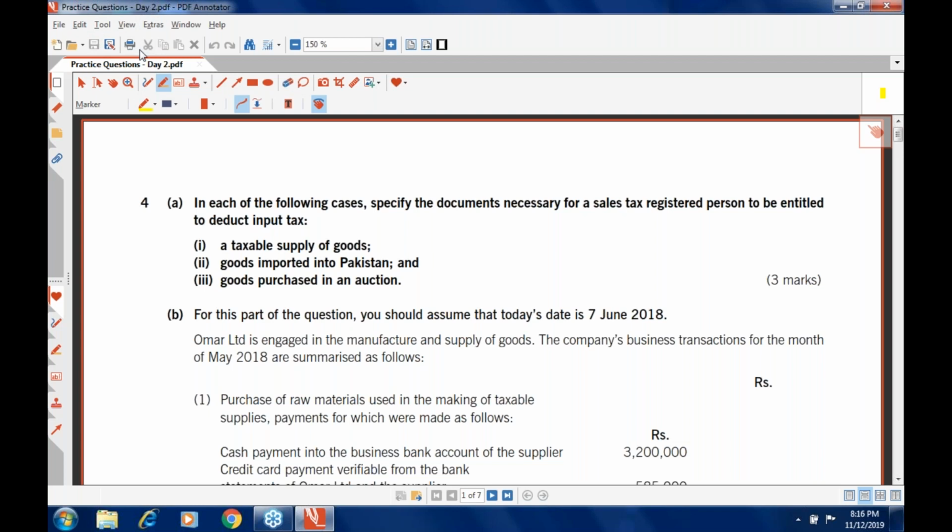You'll find this file named practice question day 2. Okay, has everyone got it?